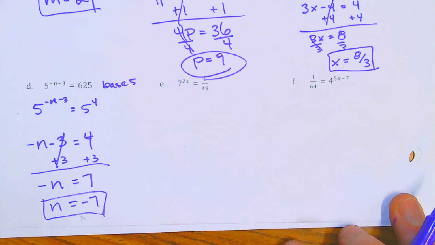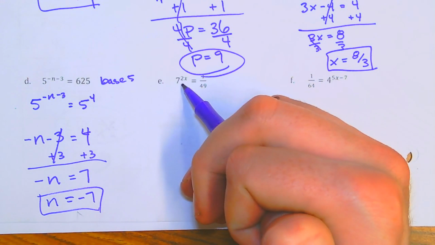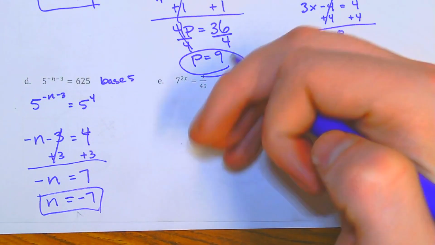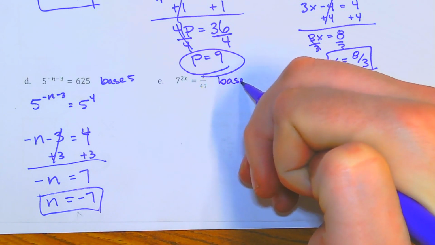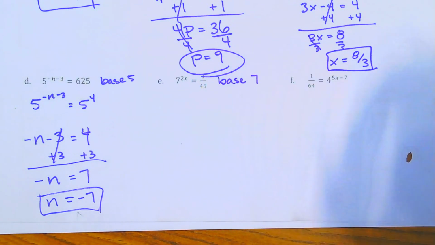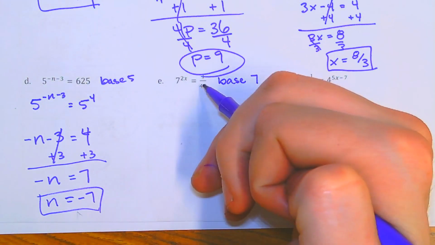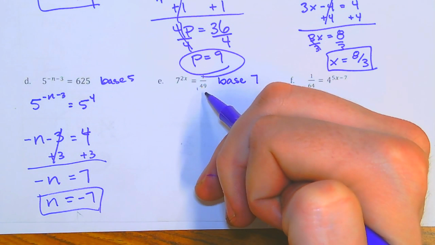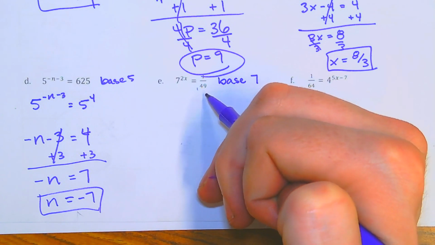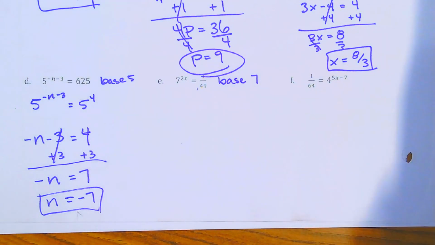All right. Let's move on to our next bit. 7 to the 2x power and 1 over 49. Now again, we are just going to have a base of 7. Now, the trick to understanding this, guys, is instead, don't look at this as a fraction, but look at what the 49 is. Let's try and get 49 into a base of 7. Okay?